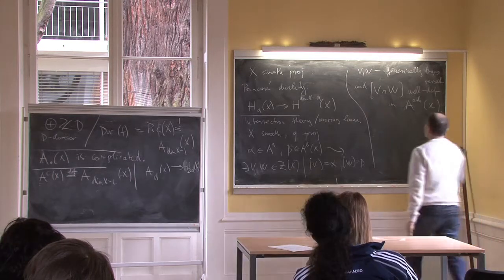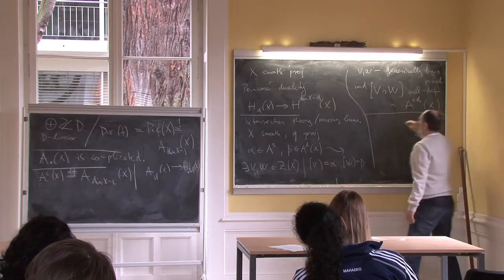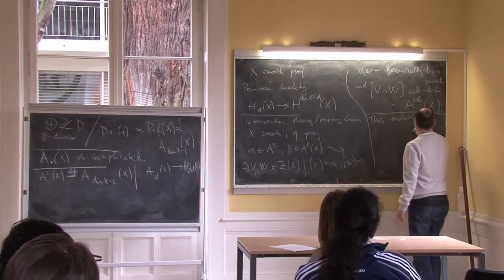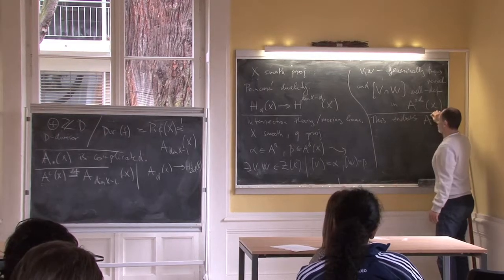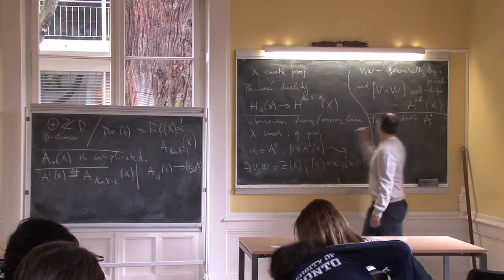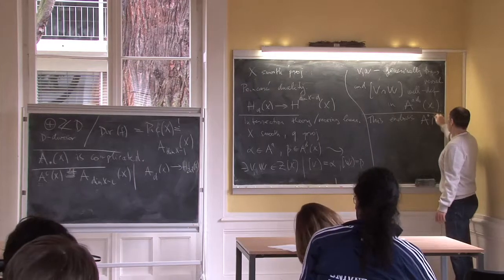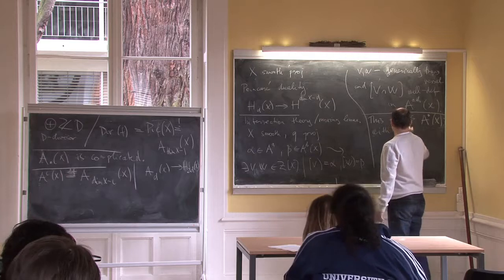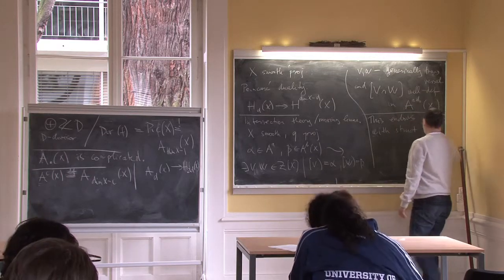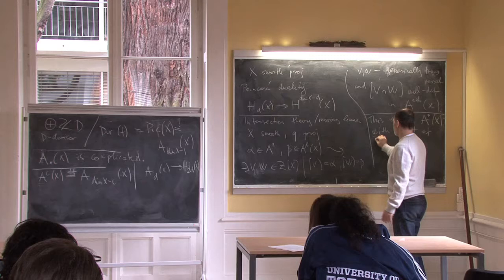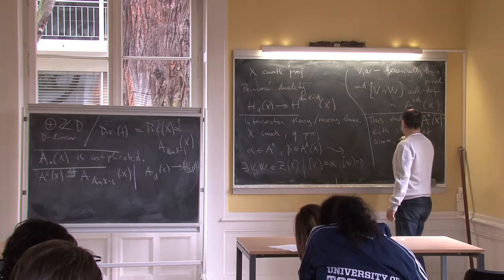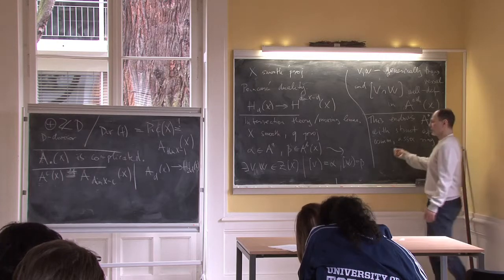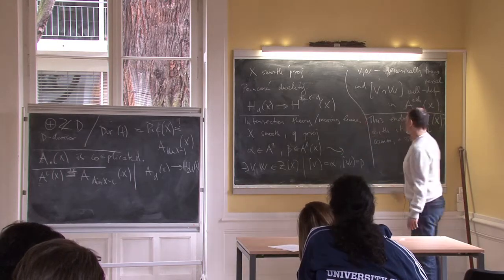Okay, so this was the moving lemma, and this endows the upper Chow groups, because it's additive with the codimension, with a structure of a commutative associative ring. And it's consistent with this Poincare duality thing.